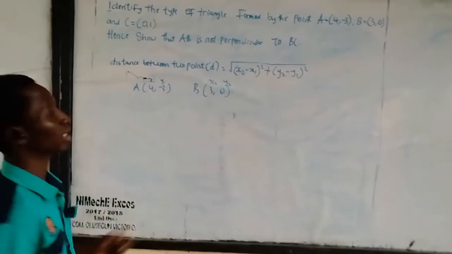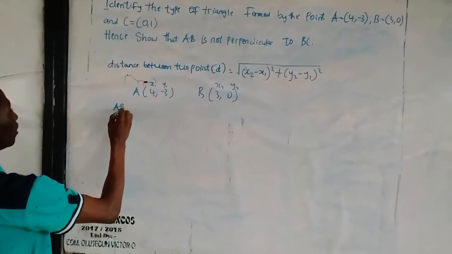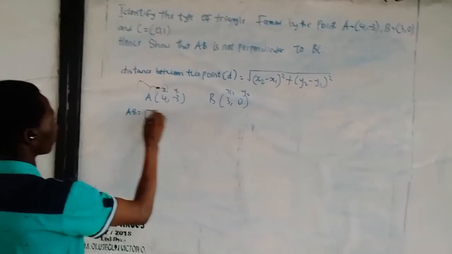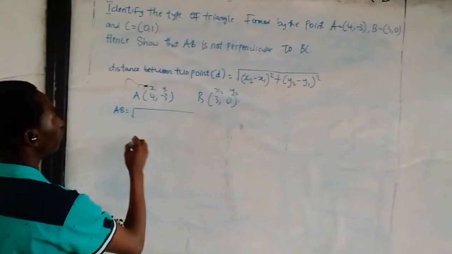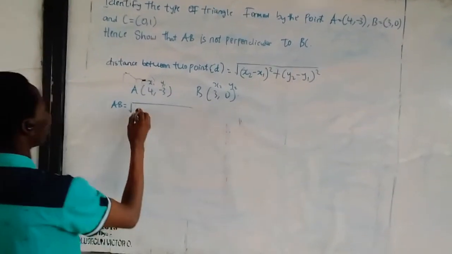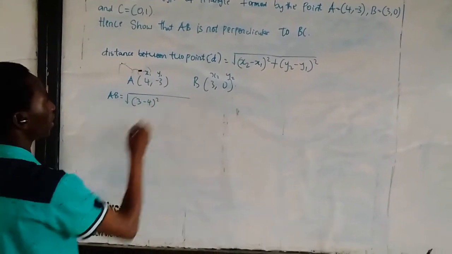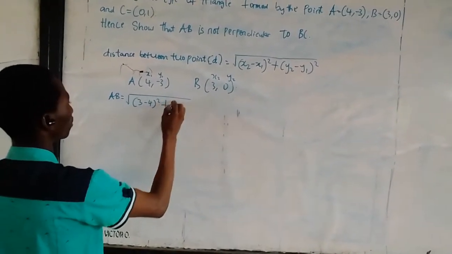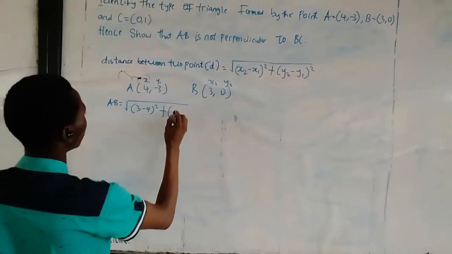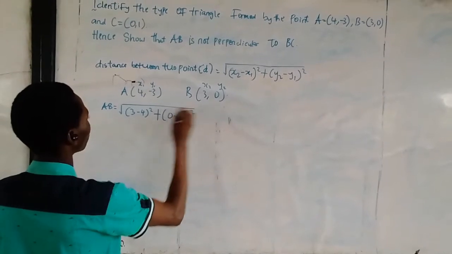Then we apply our formula, which shows that AB is equal to the square root of (x2, which is 3 minus 4) squared plus (y2, 0 minus minus 3) squared.